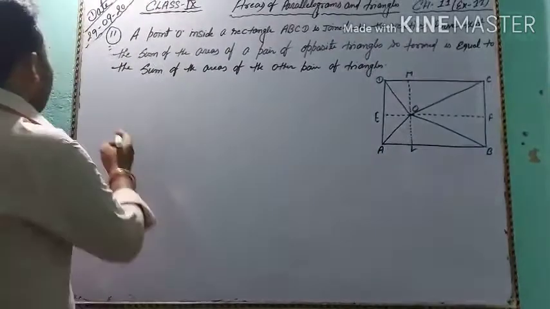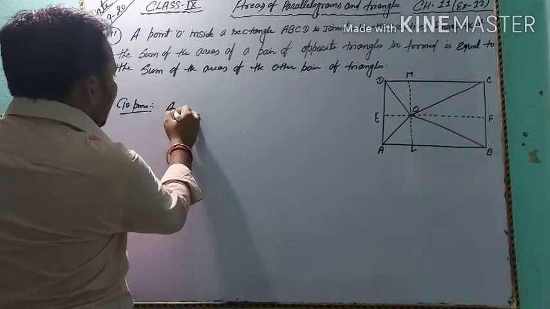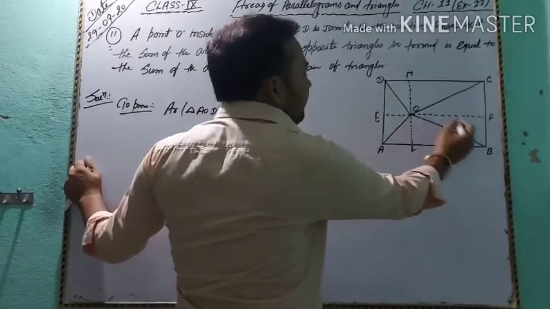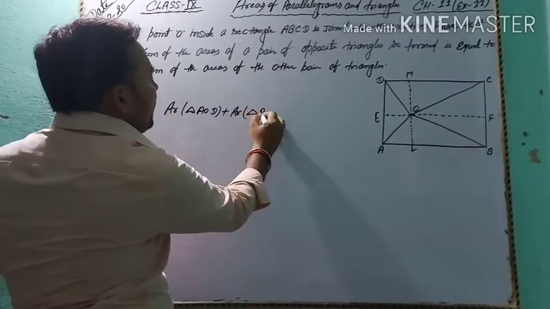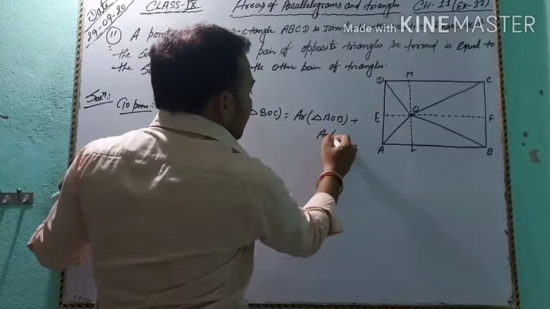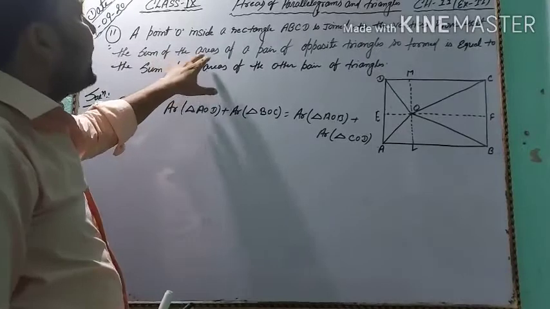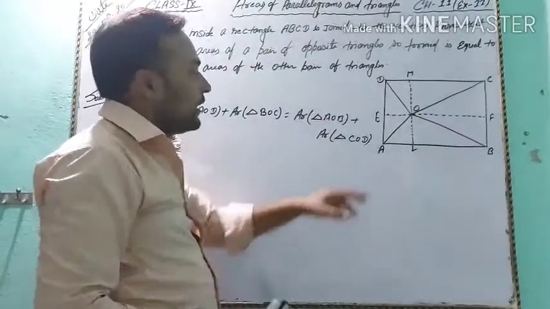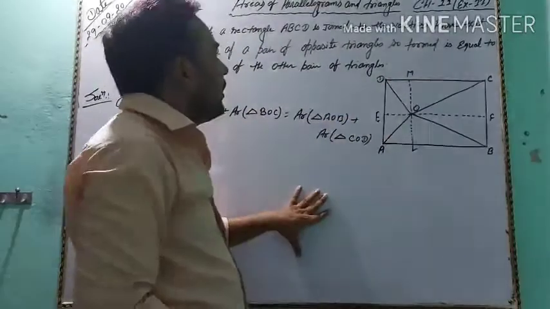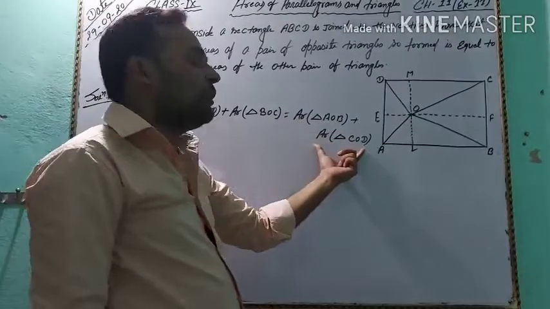So to prove that: area of triangle AOD plus area of triangle BOC is equal to area of triangle AOB plus area of triangle COD. Students, AOD and BOC is the opposite pair of triangles, and AOB and COD is the other pair of opposite triangles.